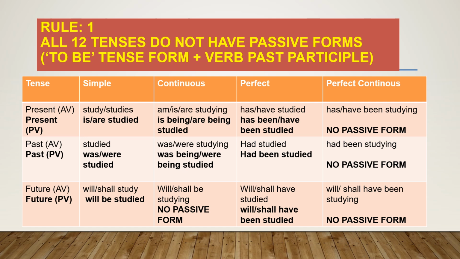Similarly, had, past tense, been, past participle of to be, and then the past participle of the main verb. So had studied, had been studied. Will or shall have studied, will or shall have been studied. These are the forms for the passive. So this is the first rule, saying that all transitive verbs which have these tense forms can form passive, but only perfect continuous cannot form passive, and future continuous also does not have a passive form.